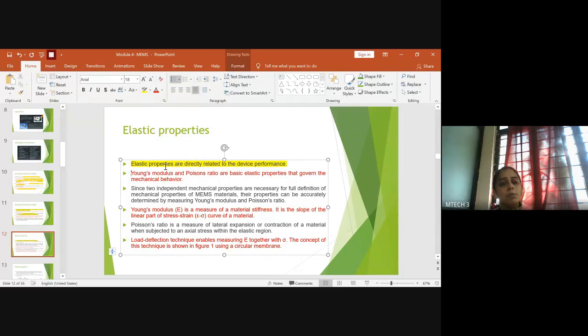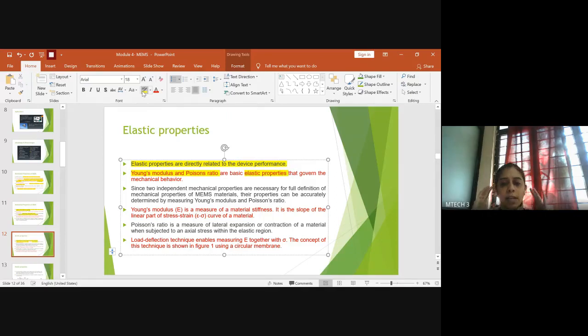So under elastic property, you know very well when you have a stress strain curve, the variation of stress and strain usually yields the Young's modulus and also the Poisson ratio. So elastic property in the sense you should know what the Young's modulus and the Poisson ratio of the material you are using are, because these two terminologies are directly related to the elastic property of a given material.